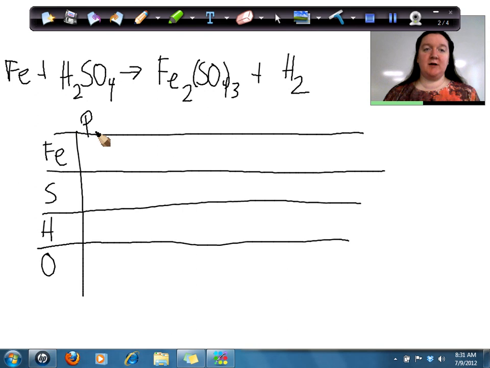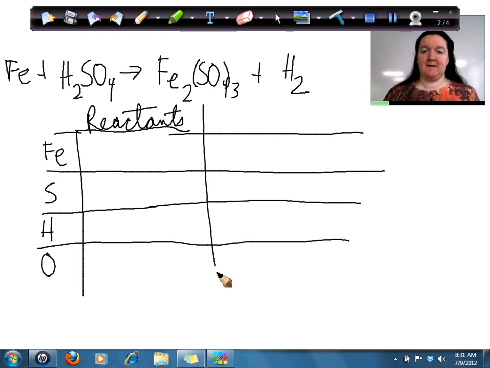So we're going to look at our products. Oh, what always comes first? Reactants. We have our reactants, and that's going to go to our products.